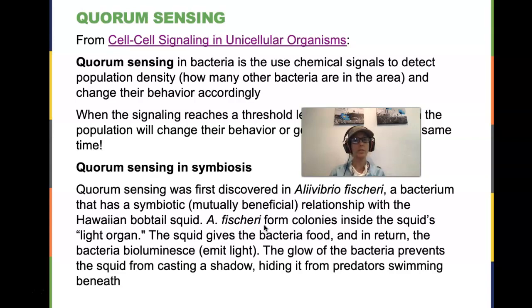The squid is not producing the light. The prokaryotic cells are going to produce light inside this organ, inside this animal. The mutualistic relationship comes from the fact that the squid provides food to the bacteria as well as protection inside the animal. And in return, these prokaryotic cells provide bioluminescence.